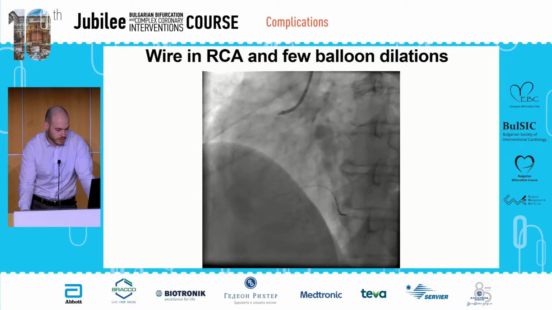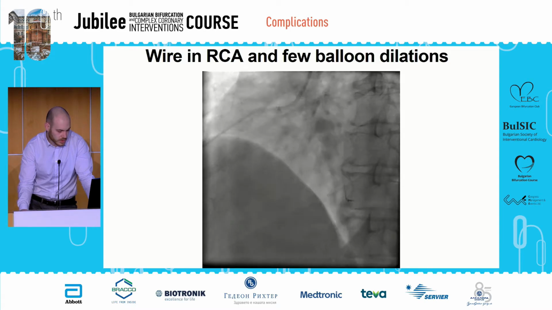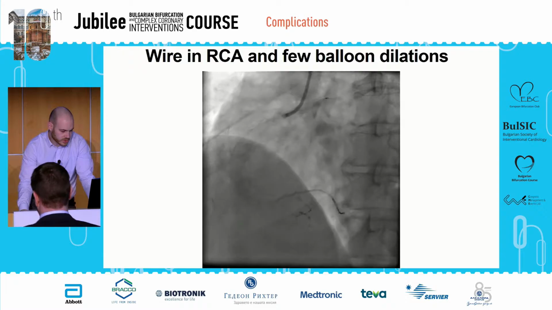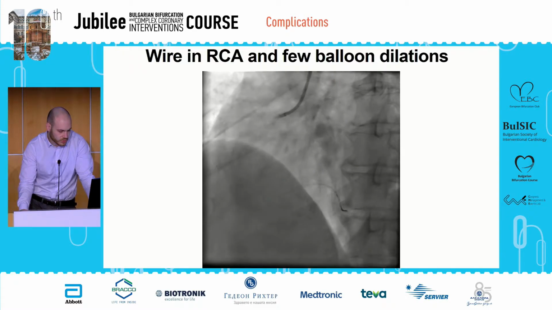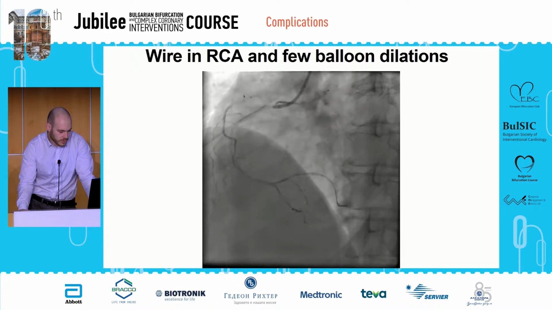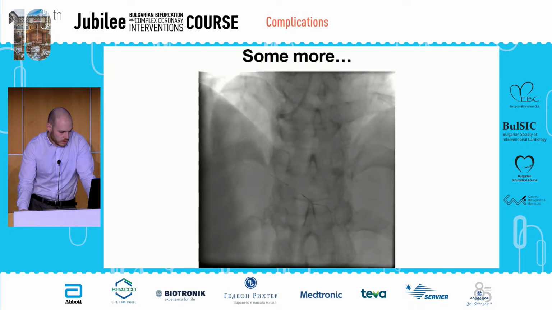Next, we put a wire in the RCA. This is a Whisper guide wire. We did a few balloon dilations, and we saw that there is a stenosis of the PD. So we put the wire from the PL to the PD right here. A few more balloon dilations.